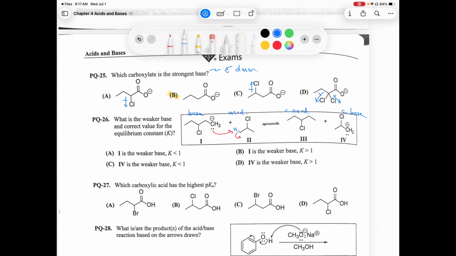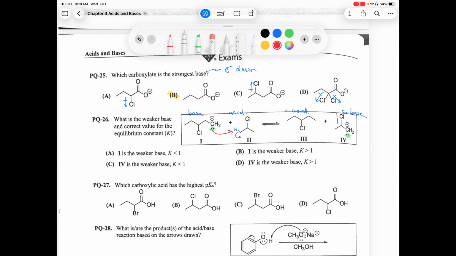And so if we look at the two bases, because you see the answers all have something to do with the base, remember, I said the equilibrium is going to lie to the side of the weaker base. If we compare these two bases, here we have the lone pair on this carbon, and here we have the lone pair on this carbon, and both of these bases have a chlorine on them, which has an inductive effect.